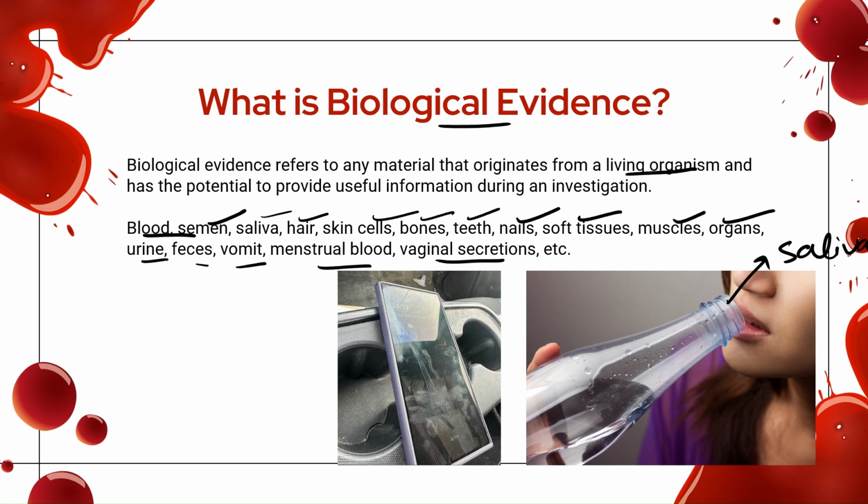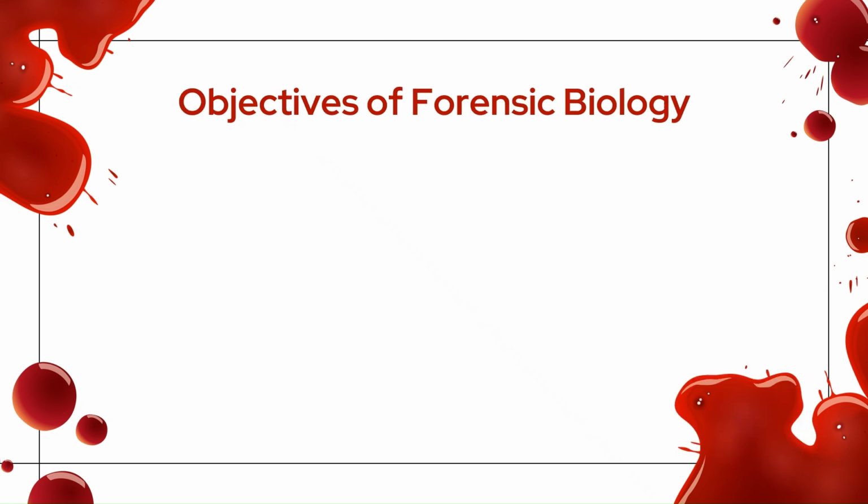Although these skin cells are invisible, they may contain DNA, making them valuable pieces of forensic investigation. This is why investigators are trained to carefully collect and preserve even the smallest biological traces found at the crime scene.